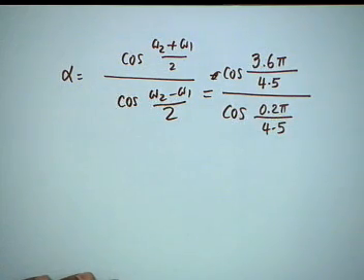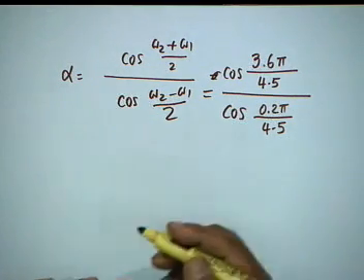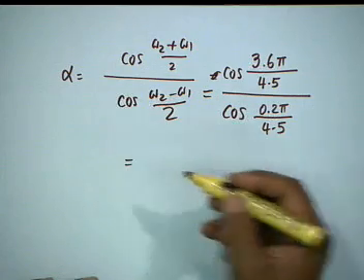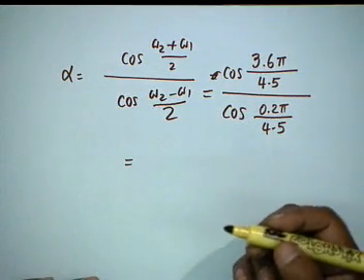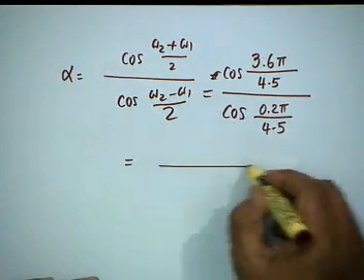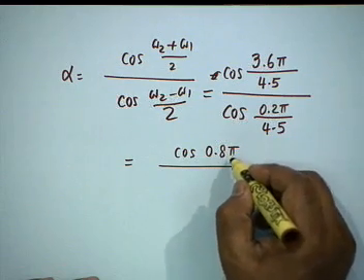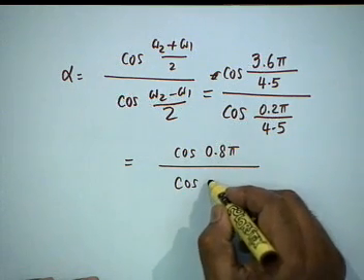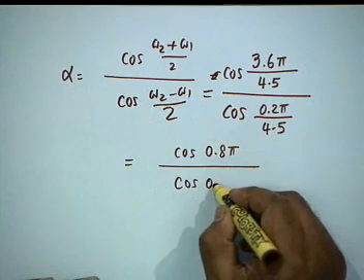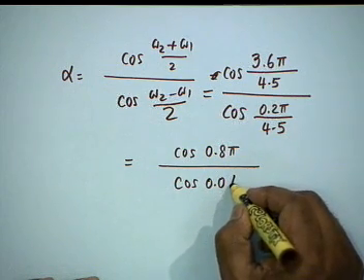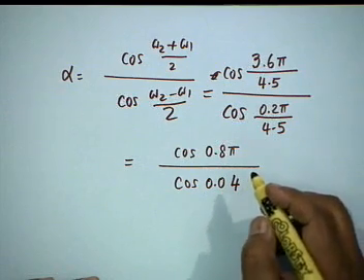Agreed? Okay. This you have no other alternative but to convert it into decimal fraction. So, you take cosine of 0.8 pi, that is not too bad, divided by cosine of, this becomes 0.0, it becomes a recurring fraction.